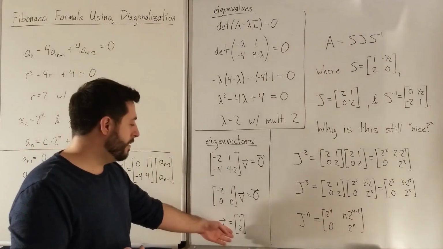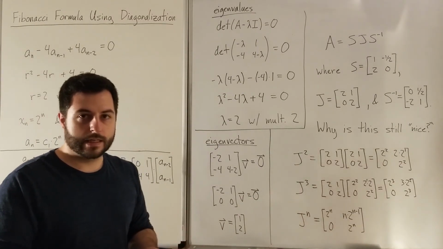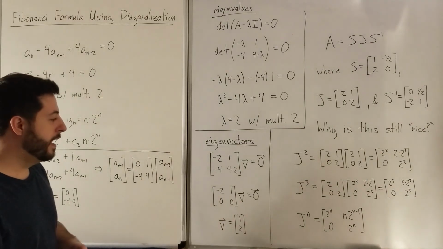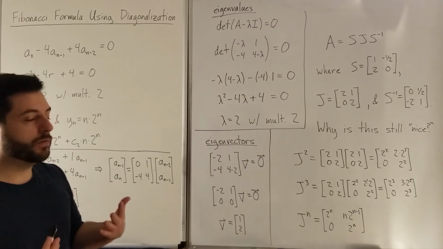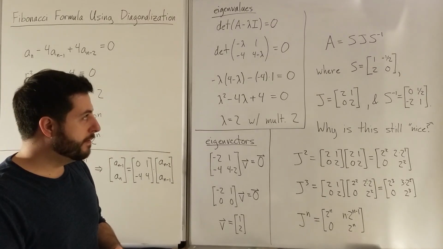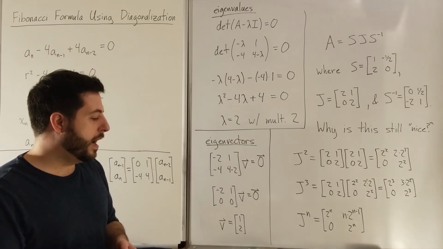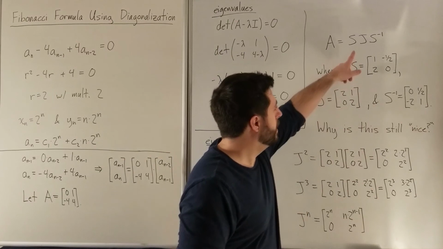Now, because we only have one vector here, we don't have enough to form a basis, so we don't have an eigenbasis for R2 with this matrix. Therefore, we cannot diagonalize the matrix, and it seems like we're stuck. However, there is something slightly different that you can do called Jordan decomposition. So it looks like this.